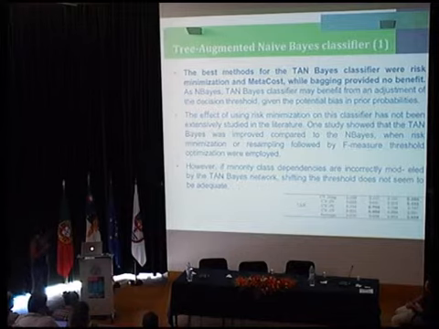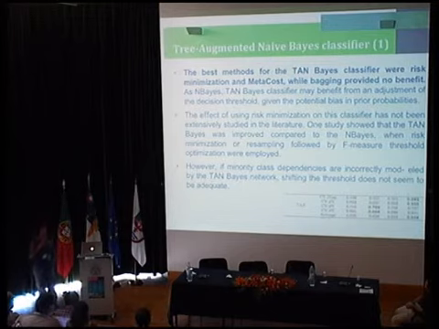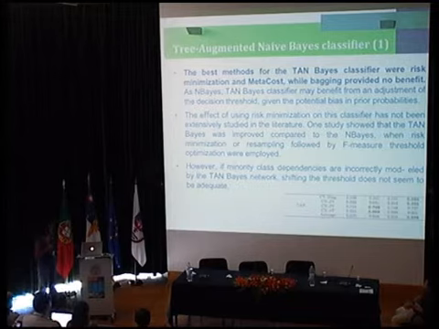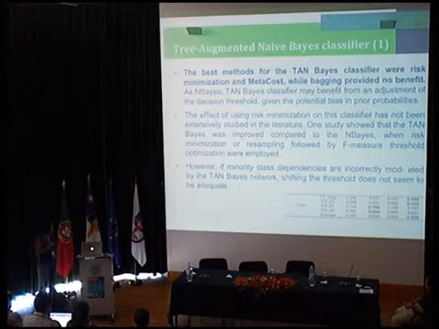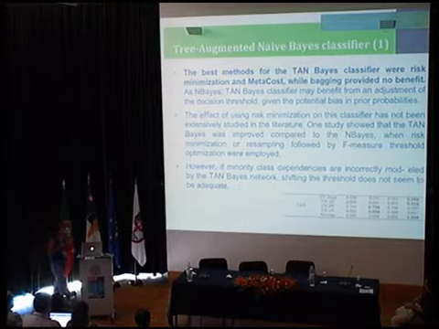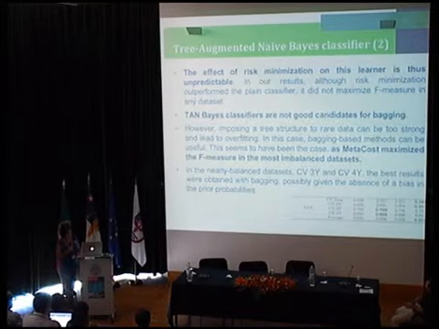As you will see, the TAN Bayesian network is already said in the literature to have an unpredictable behavior. In our case, it was not that unpredictable, but still it's worse than the basic naive Bayes algorithm itself.